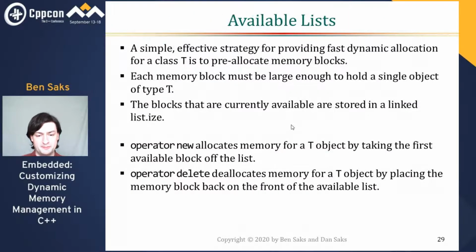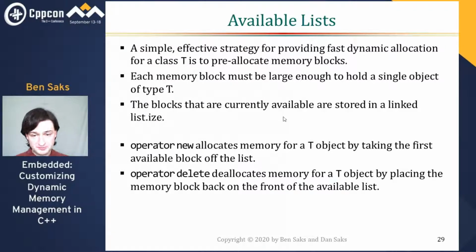All right, so what do we actually do with those operator new and deletes? Now that I've told you that we can provide them on a class-specific basis, how do we write class-specific operator new and delete in a way that is suitable for use in embedded systems?